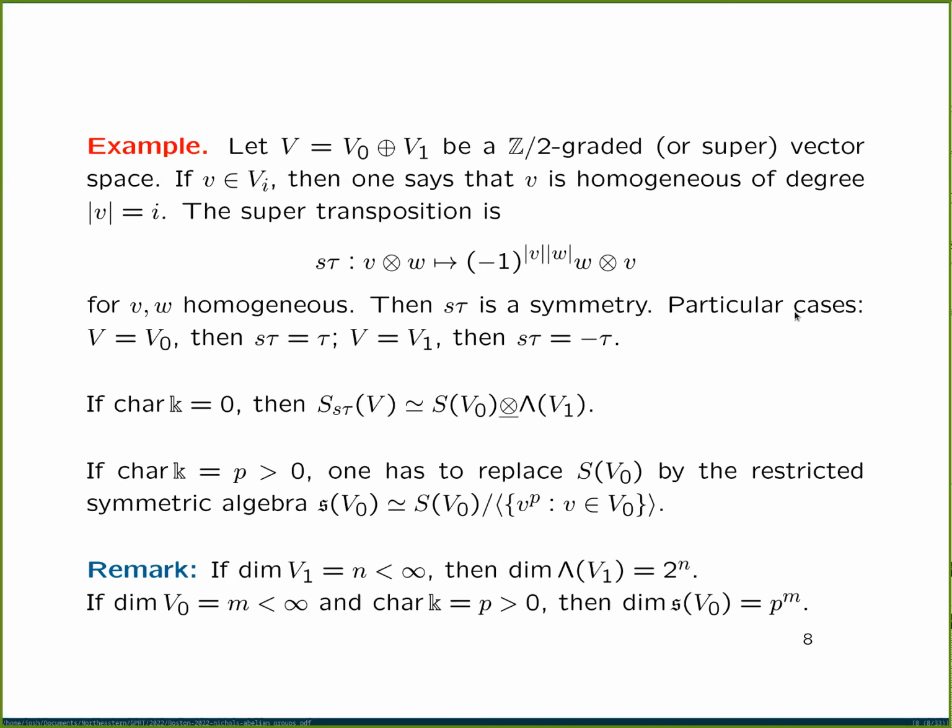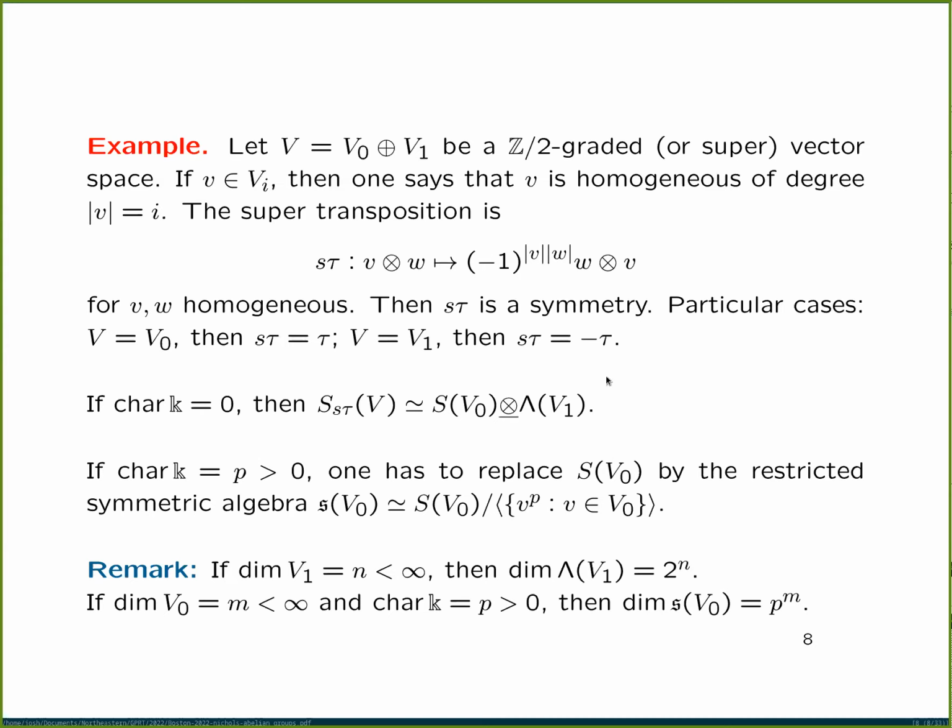If the characteristic of K is 0, then the supersymmetric algebra, defined as I said before in the previous slide, is the underlined tensor product of the symmetric algebra of V_0 with the exterior algebra of V_1. This underline of the tensor product means that when you switch, you have to take into account the super sign.